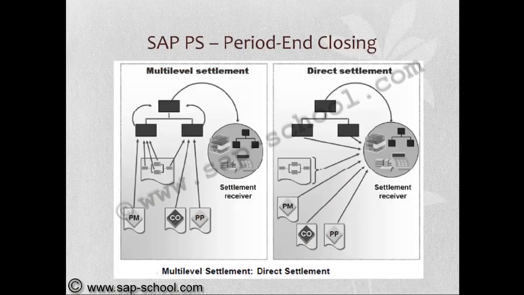So if you see the multi-level and direct settlement, wherever the direct settlement is happening, all the objects involved in a project and externally will be settled in one place. And in the multi-level, different objects are settled into one single object for final settlement.